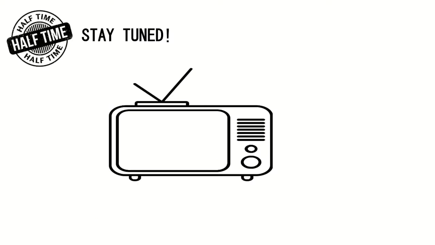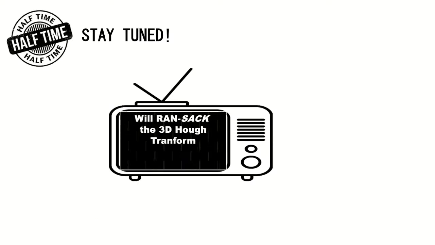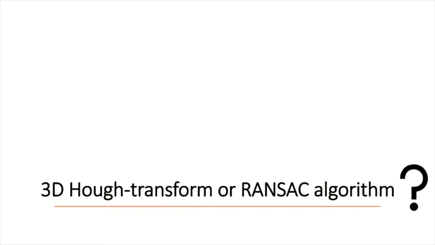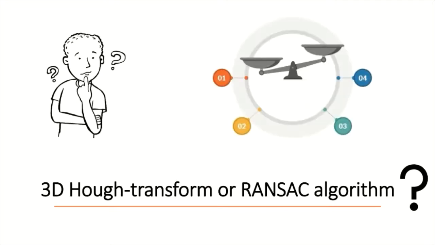Now, stay tuned to find if RANSAC can sack the 3D Hough transform. We will analyze, compare, and extend the one which outperforms the other. As evoked in the previous slide, which is better, RANSAC or the 3D Hough transform?